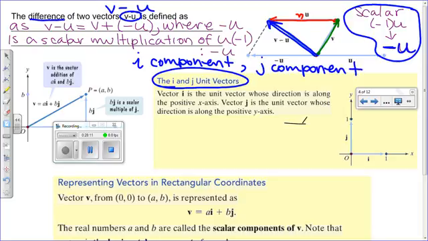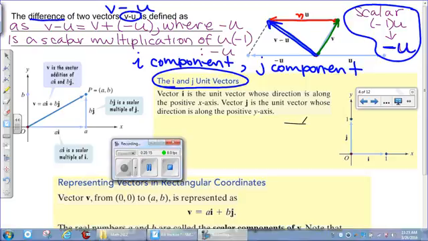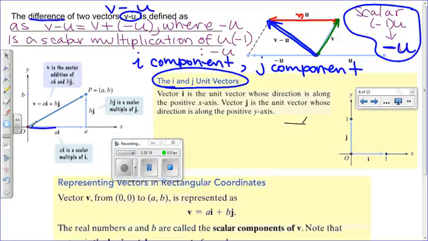And so that you know what I'm talking about, the i component is going to give you the horizontal distance of it, this a right here. And the b component is going to give you the vertical distance right there.